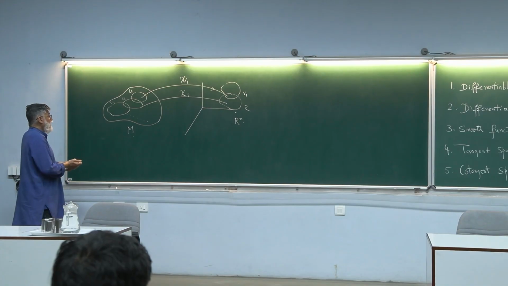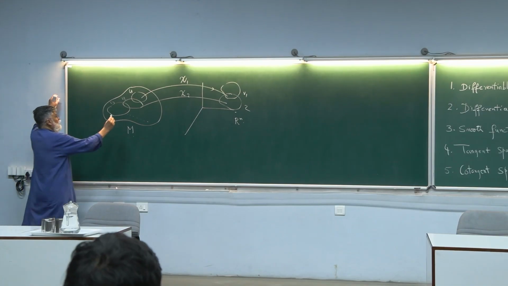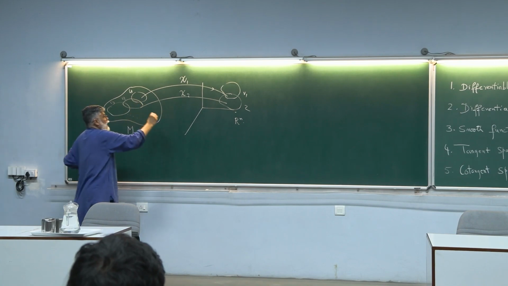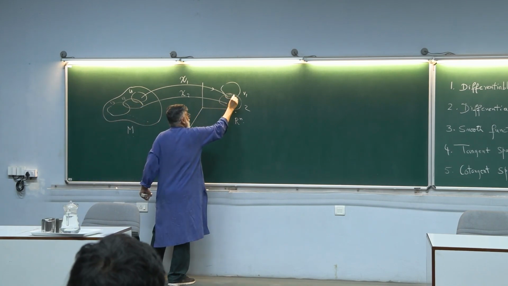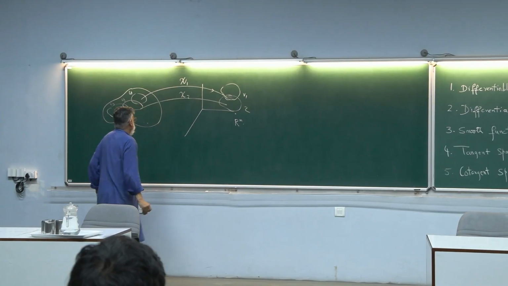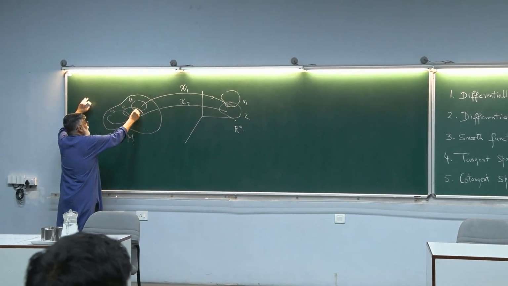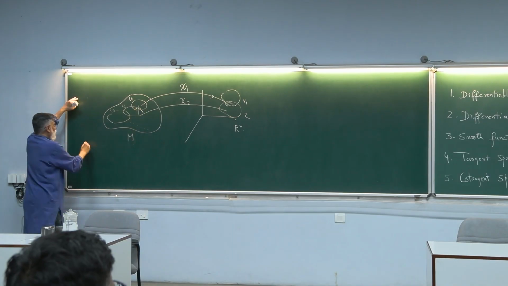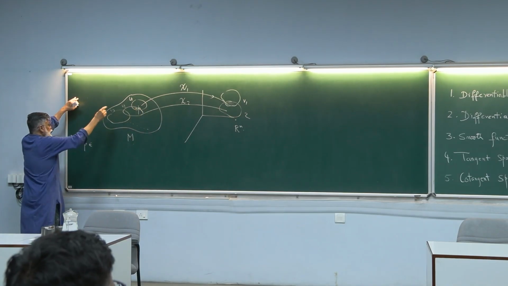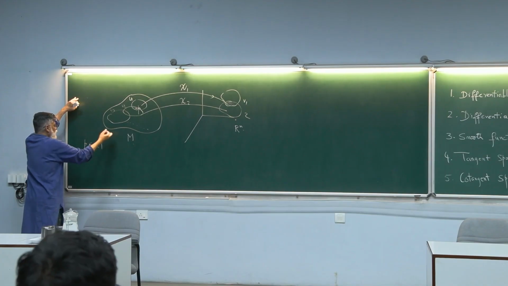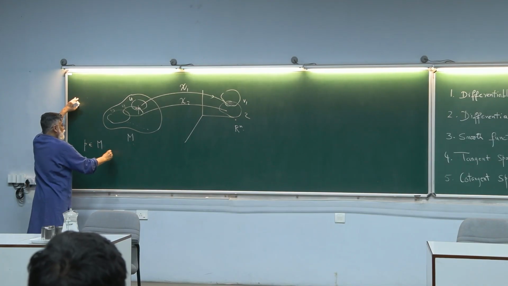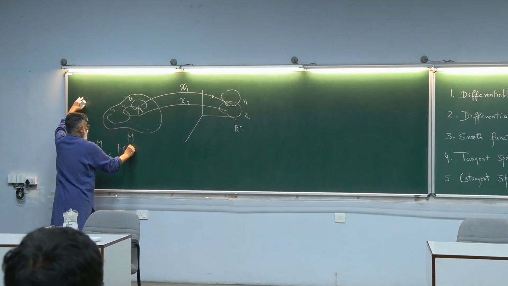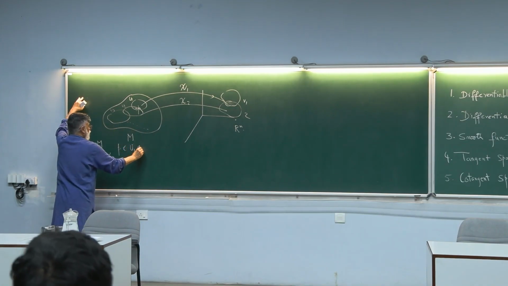Now, yesterday I did not have time to talk about what happens in the intersecting regions which get mapped to this intersecting region. So, this point for example P, which of course belongs to the entire topological manifold, but in particular P belongs to the intersection of U1, U2.